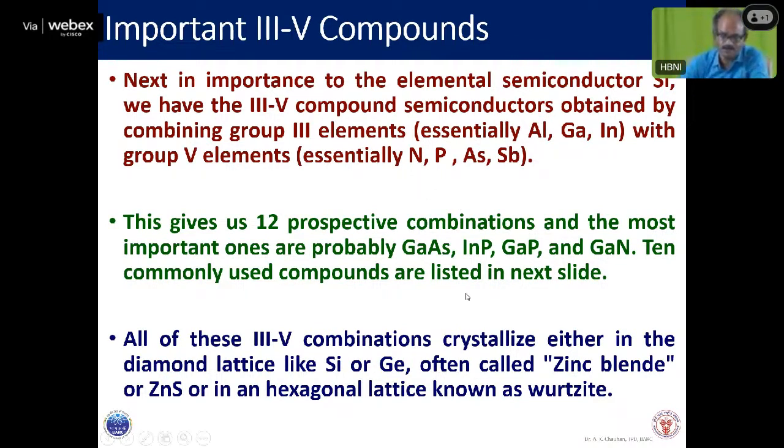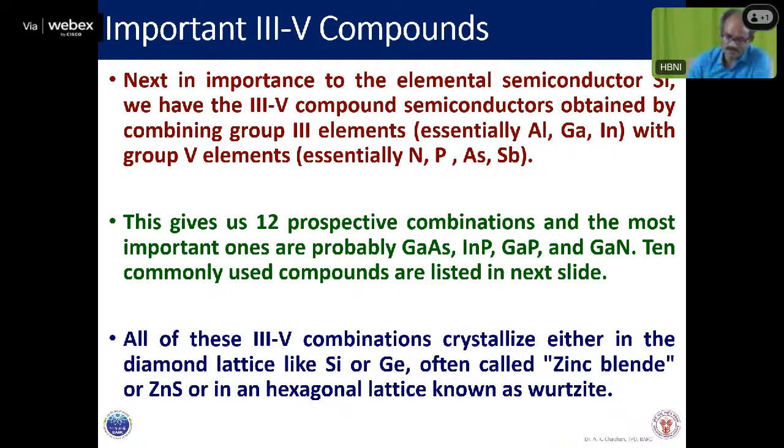All these 3-5 combinations crystallize either in the diamond lattice like silicon or germanium, and if the atoms are different, we call it the zinc blende structure.